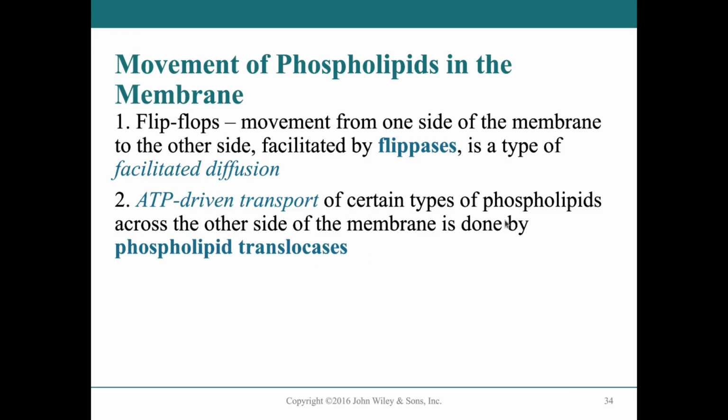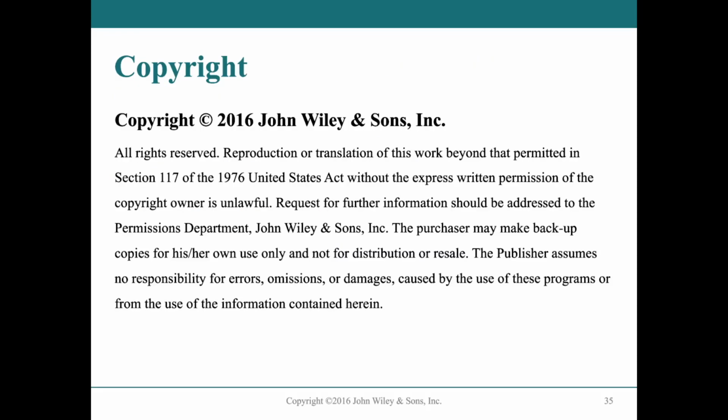They transport certain types of phospholipids against the concentration gradient. And that is how the cell membrane maintains its asymmetry. Some types of phospholipids are more often than not found in the outer leaflet, whereas others are only found on the inner leaflet. Okay, and that's it for the membrane structures.